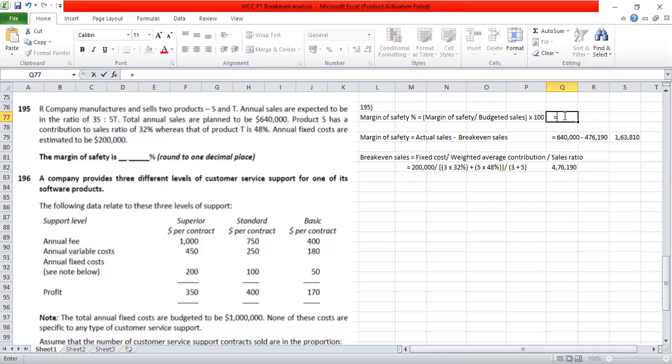I guess both of you can understand how we've done it. The formula says margin of safety is 163,810 divided by the budgeted or actual sales of 640,000, the whole thing into 100.